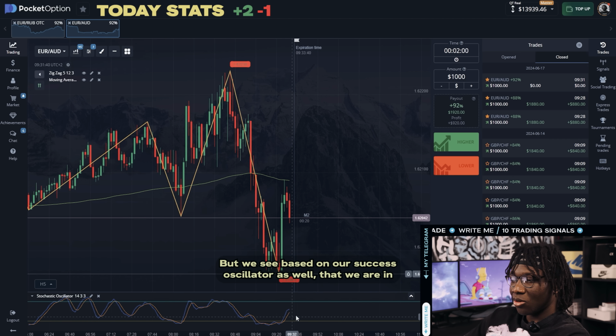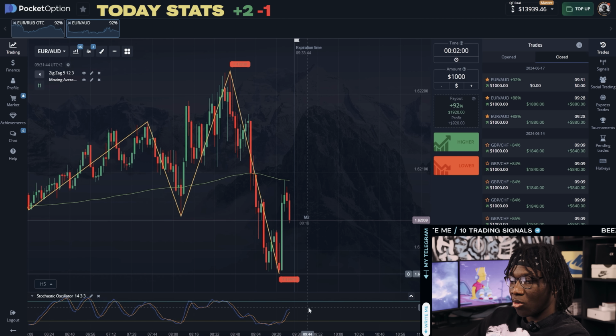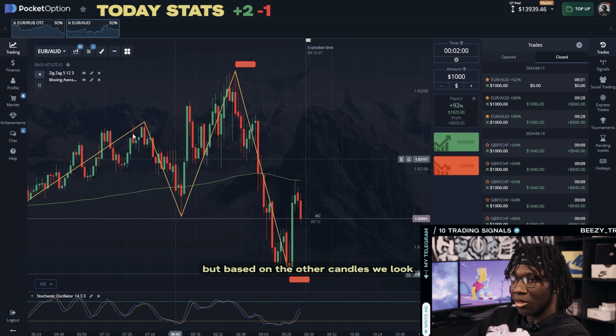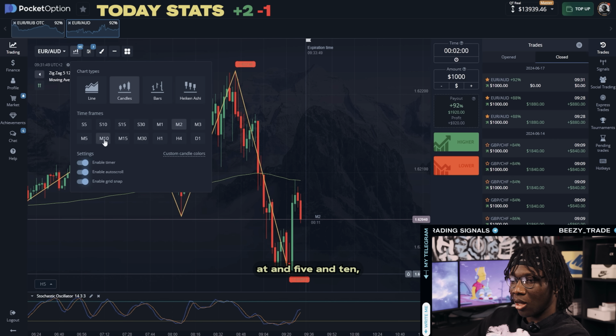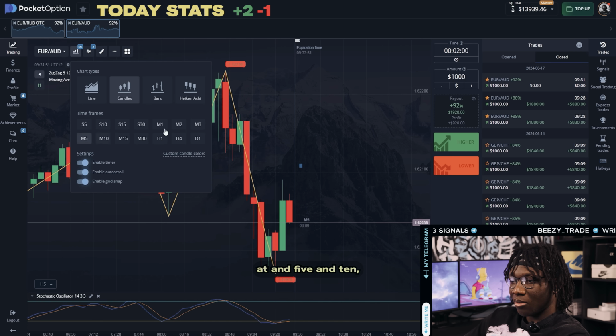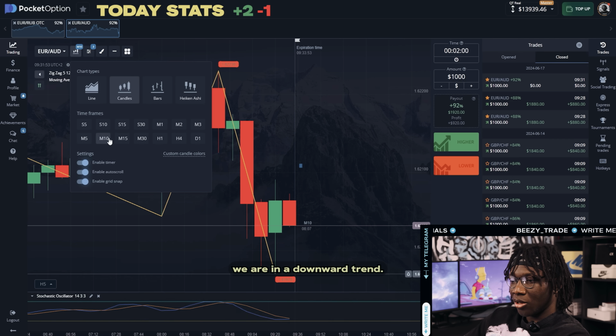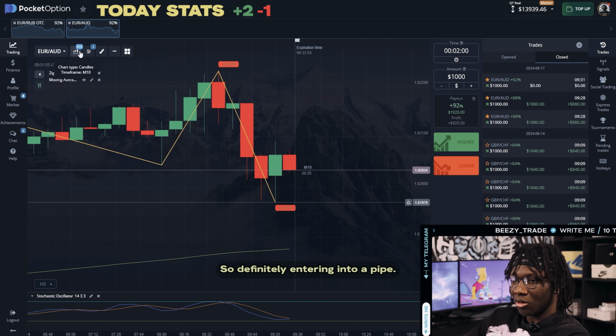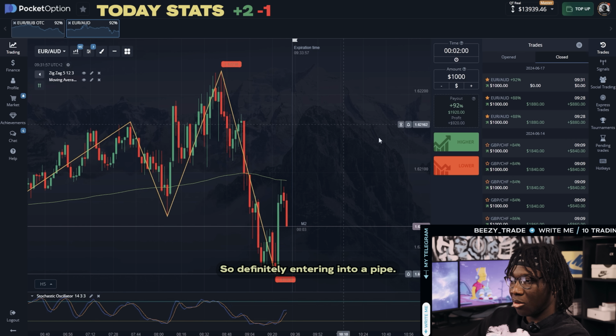But we see based on our stochastic oscillator as well that we are in an upward trend. But based on the other candles, we look at M5 and M10, we are in a downward trend. So definitely entering into a put.